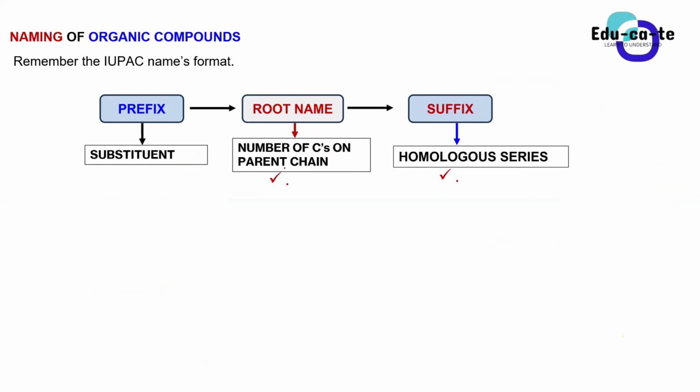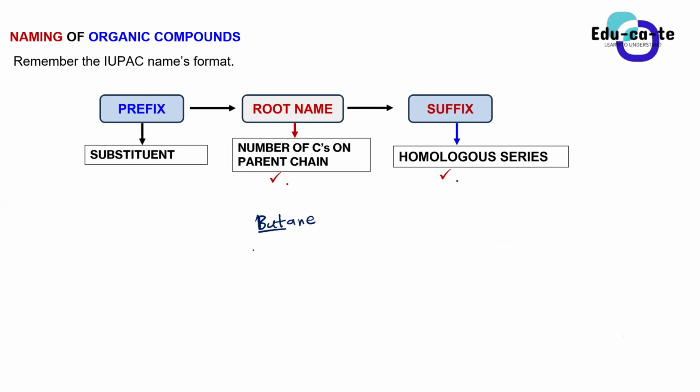If you see the root name pentane, it tells you that we have 5 carbons in the parent chain. Take a root name that has a bute in it, let's say butane. You already know that the bute there represents 4 carbons in the parent chain. Take something that has a hex there, let's say hexanol.